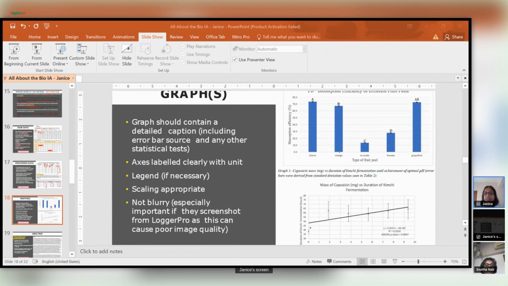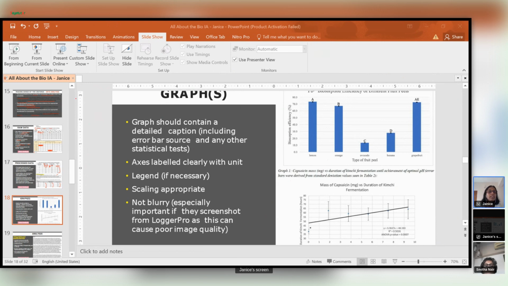Not of the raw data. If you make it of the raw data, the examiner will put a cross over here, not accepted.